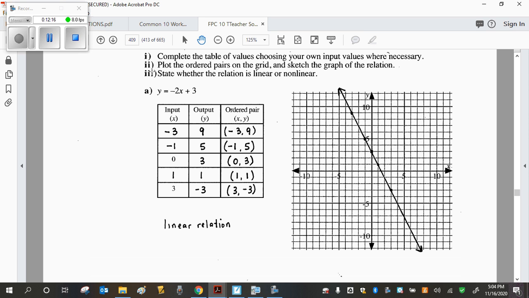Don't just ignore all these 1, 2, 3s here. They might be asking you for independent, dependent. Don't just look at the table and expect to know what you know. Now, these tables aren't really full, but I'll give you all the x's. And if I don't, then just choose 2 negatives, 0, and 2 positives if I ask you to graph a line with an ordered pair or table of values.